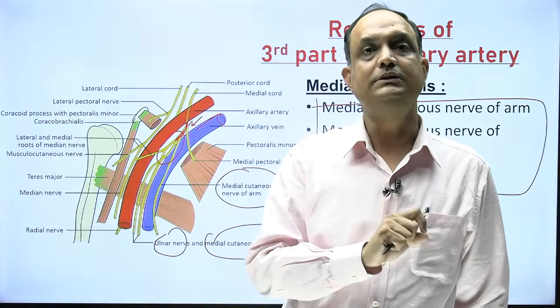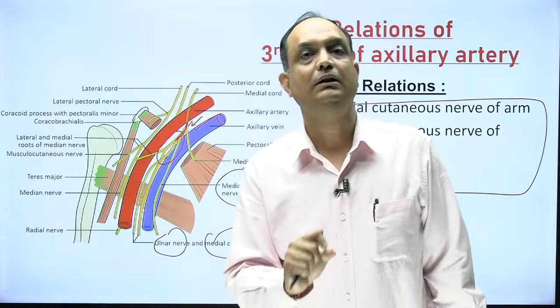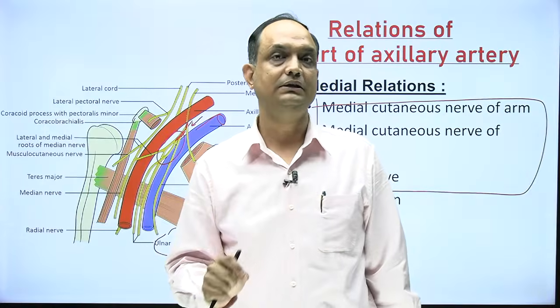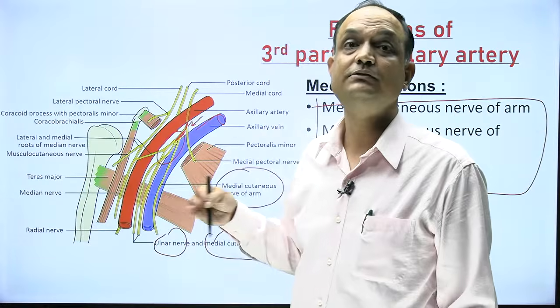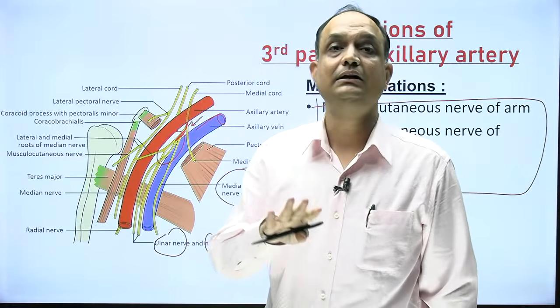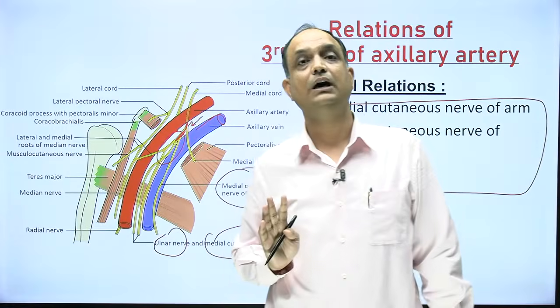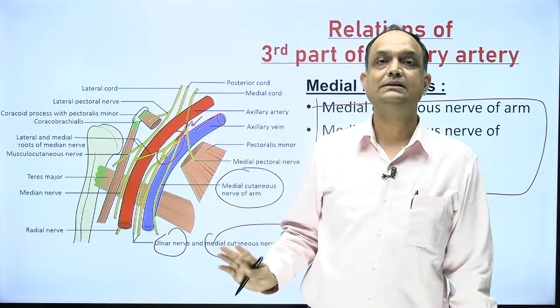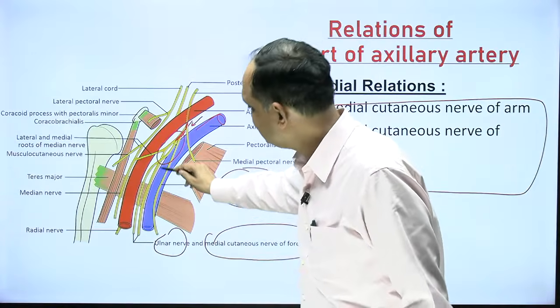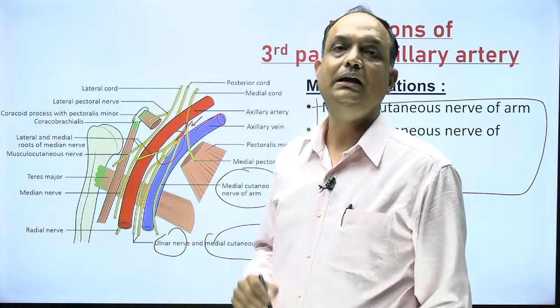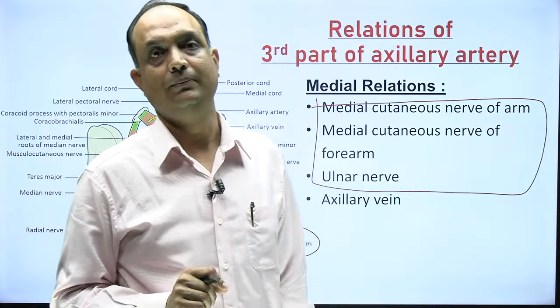But in some books, there are three names: ulnar nerve, medial cutaneous nerve of the forearm, and medial cutaneous nerve of the arm. But the medial cutaneous nerve of the arm leaves this space very early because it has to enter into the arm. Clear? Otherwise, if somebody asks for two nerves, then your answer for this gap is the ulnar nerve and the medial cutaneous nerve of the forearm.